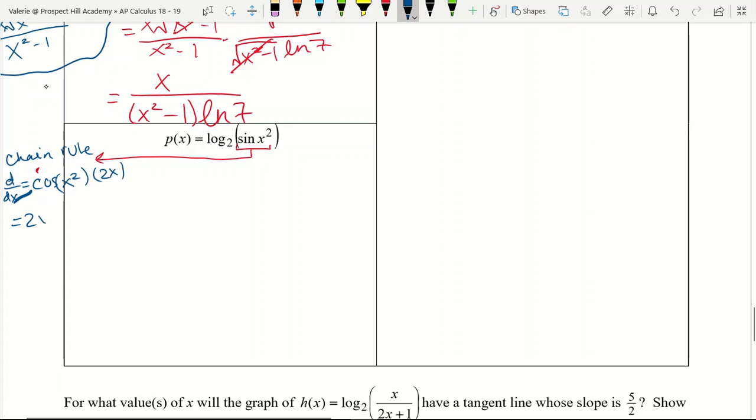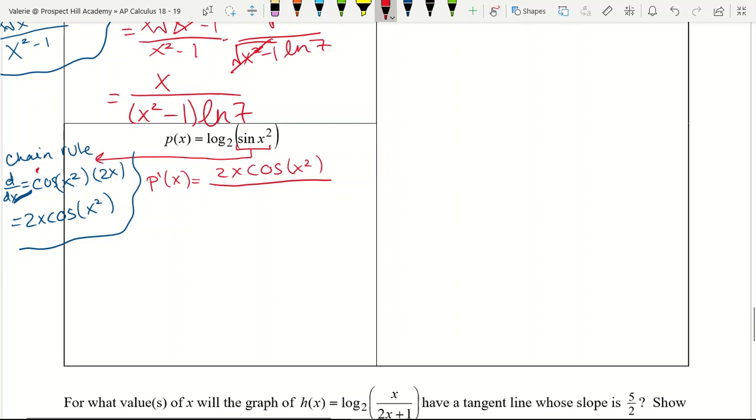It's just 2x cosine x squared. So now the derivative of p of x will be equal to the derivative of our inner function, which is 2x cosine x squared, all over the inner function, which is sine x squared, times ln of the base, which is 2.